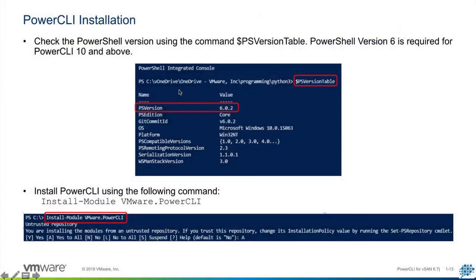Here I'm running this command called $PSVersionTable, and if you run this particular command, you will get the version of PowerShell which is installed on your system or on your laptop. Here I can see that the PowerShell version is 6.0.2, which is good for installing PowerCLI 10.